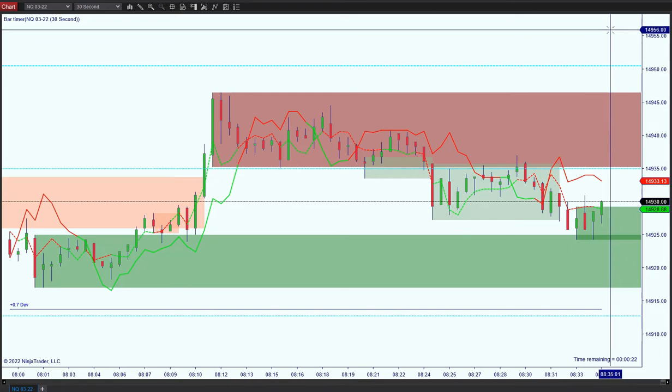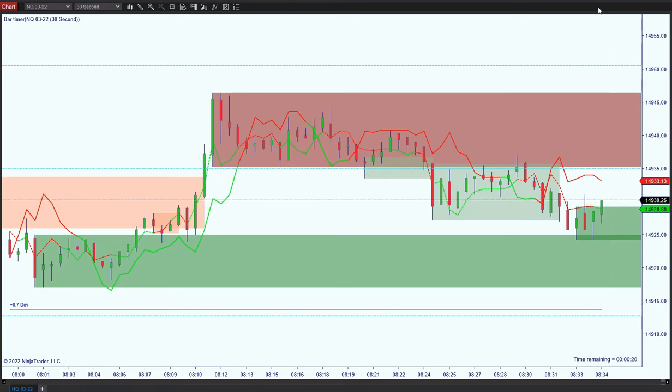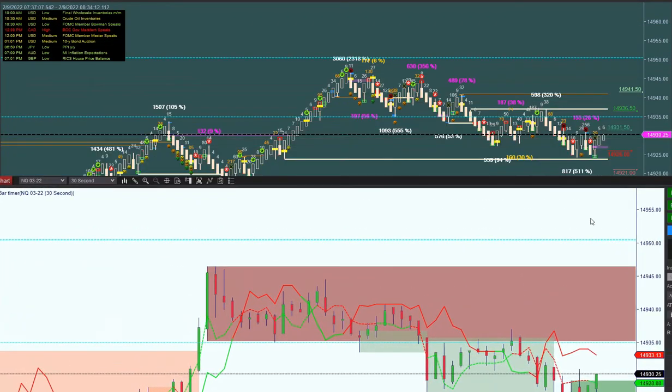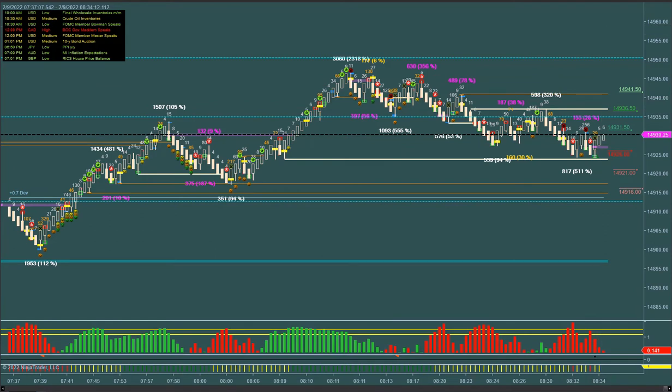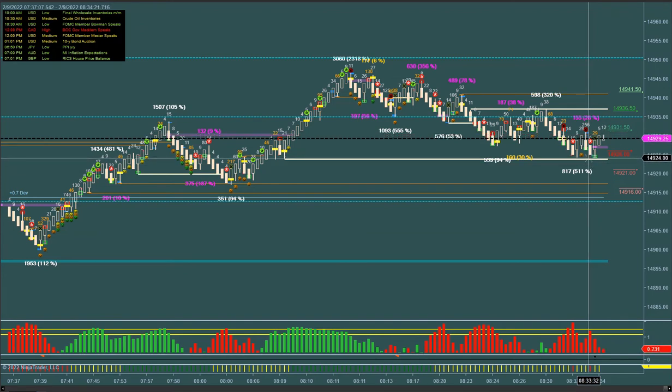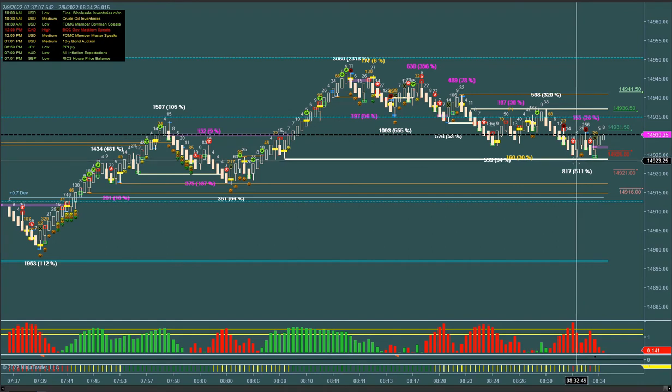Let me go back to my 10 tick and see if there was any reason why not to go short on that. Okay, so we have a mini magnet right here in our way. Mini magnets can be strong when they're by themselves like this, especially if the market's slower.